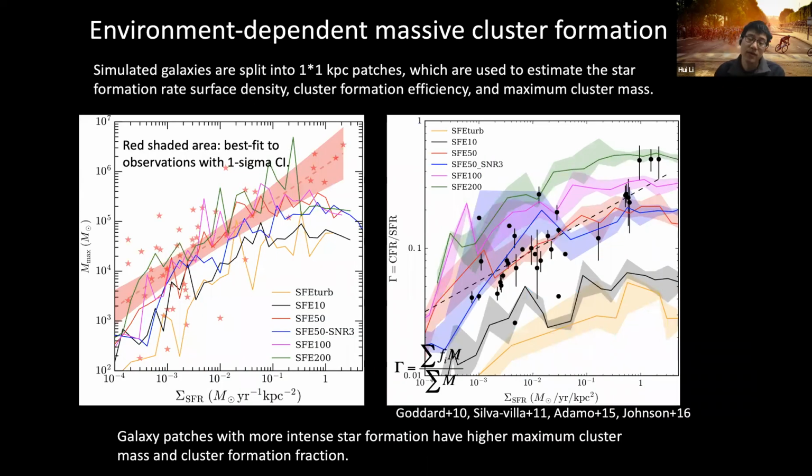But what about the properties of the globular clusters or star clusters that are formed in my simulations? What we find is that by changing this star formation efficiency per free-fall time, it changes dramatically the scaling relations or the properties of the populations of the young massive clusters that are formed in the simulation.